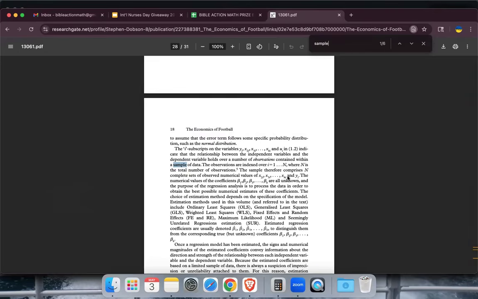See, here they're using capital N for the sample size, probably. The observations are indexed from little i equals 1 to capital N, where capital N is the total number of observations. But in the beginning of statistics, where I come from, we use little n for the sample size. And then later on, it changes.